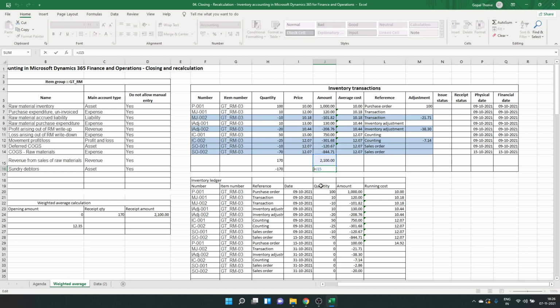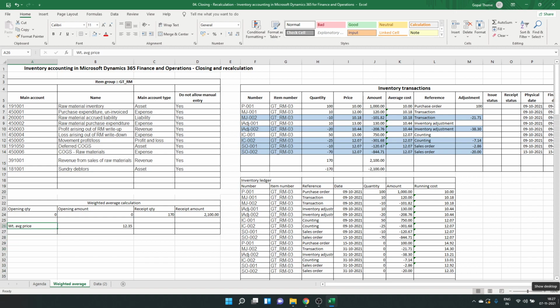So at the end, if you see, my inventory cost doesn't change for that particular month. Here I have to take this adjustment. When my closing is completed, my closing average price is equal to my weighted average price. If you see, both are matching.